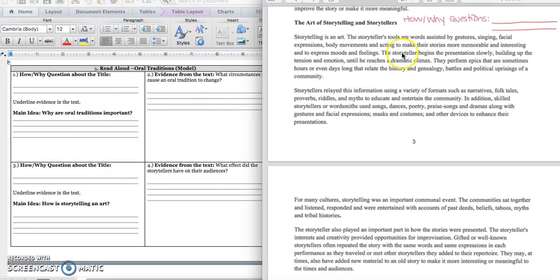Let's keep reading. The storyteller begins the presentation slowly, building up the tension and emotion until he reaches a dramatic climax. They perform epics that are sometimes hours or even days long, that relate the history and genealogy, battles, and political uprisings of a community. Next paragraph.